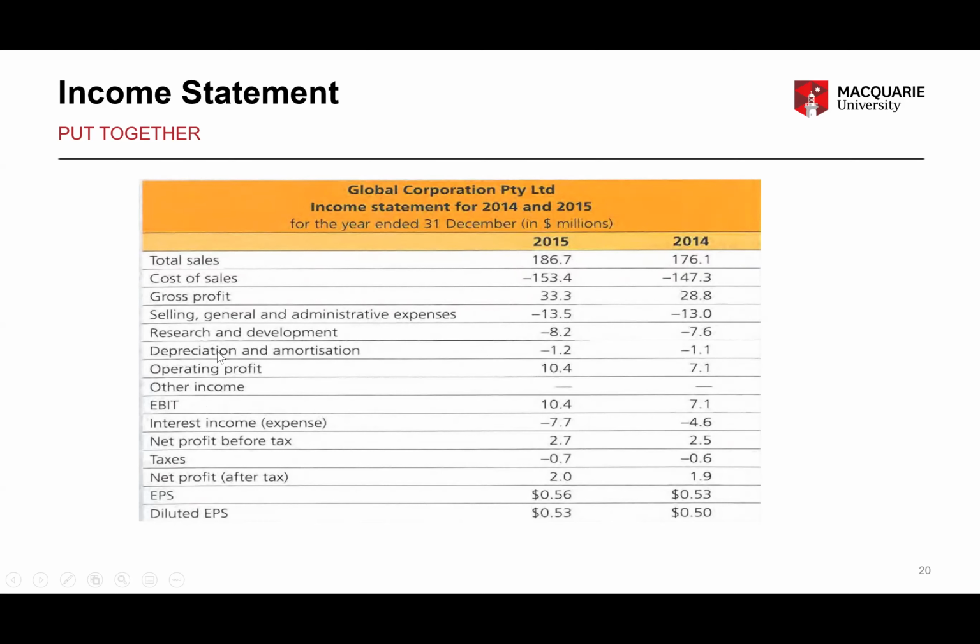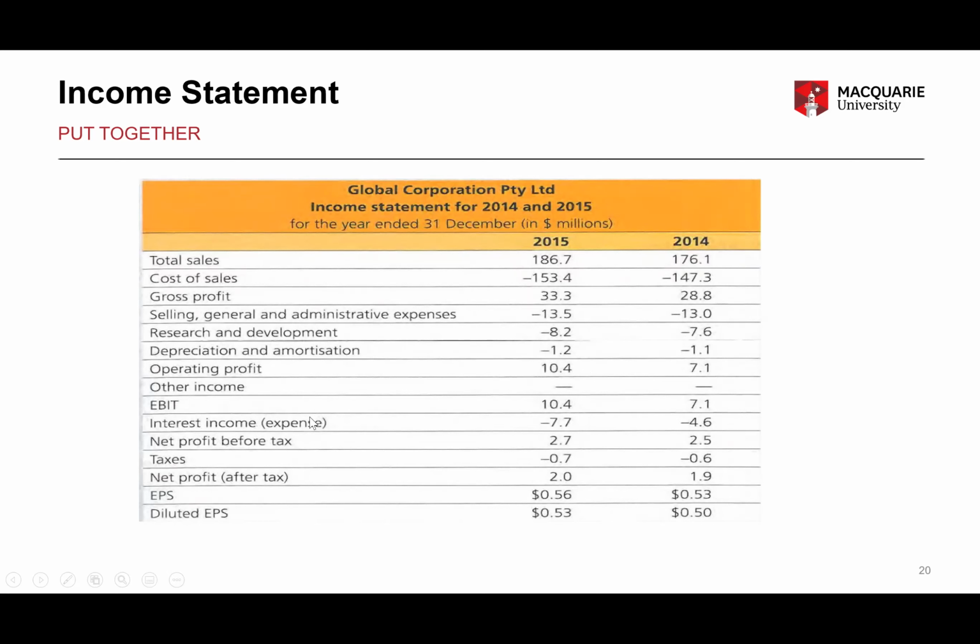Amortization is the same as depreciation, except it relates to intangible assets. So if we subtract all of these expenses from the gross profit, that's going to give us the operating profit. Now, there might actually be some other income here. And that would then give us our EBIT.